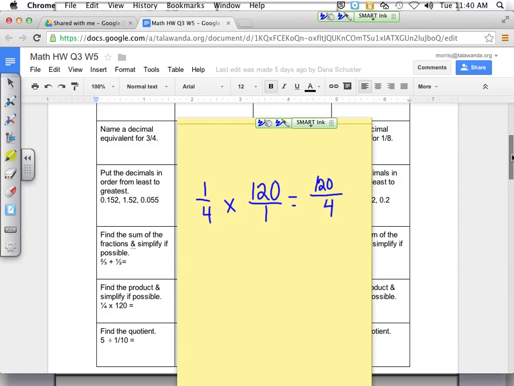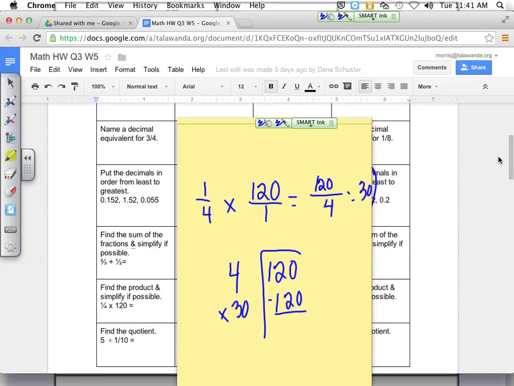Because the number on top is bigger than the number on the bottom, when that happens, what do I need to do? You guys put your hands down because I've heard from all of you. Hannah. You divide 120 by 4. What can we get closest to? Megan? You can do 4 times 30. Good. So, I have 30 as my answer. Good job, guys.